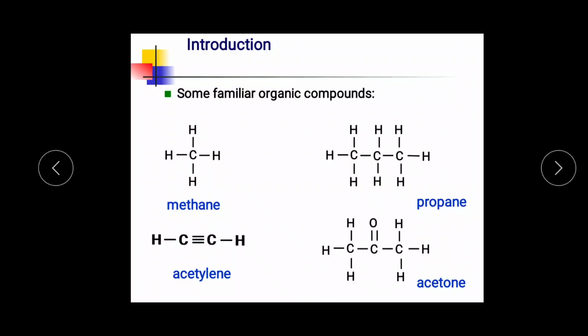As you can see, the simplest alkane compound is methane. It is composed of only one carbon, and there are 4 hydrogens attached to it.